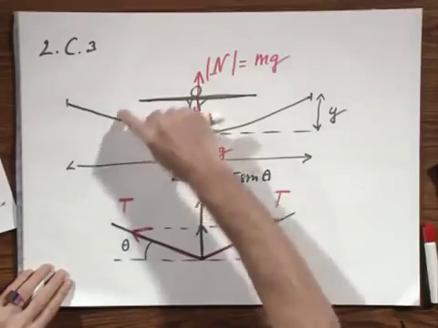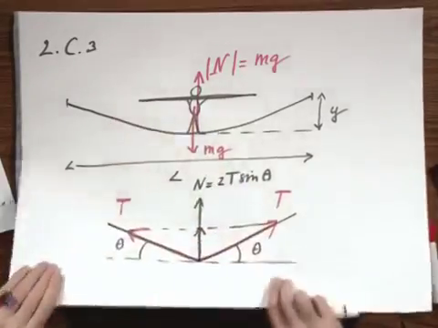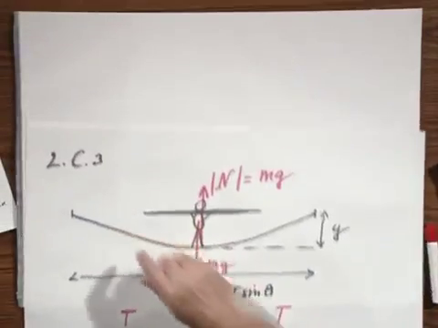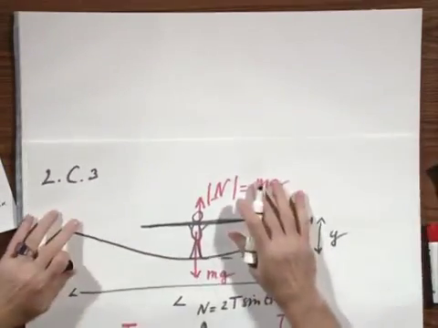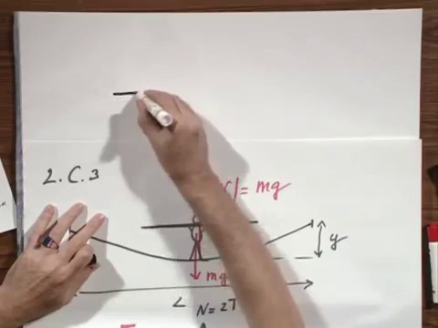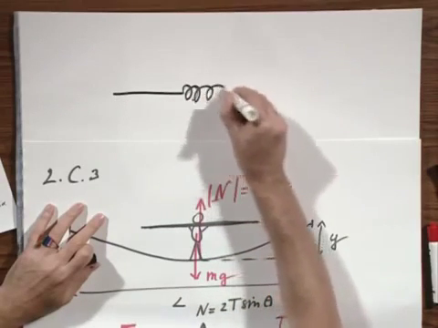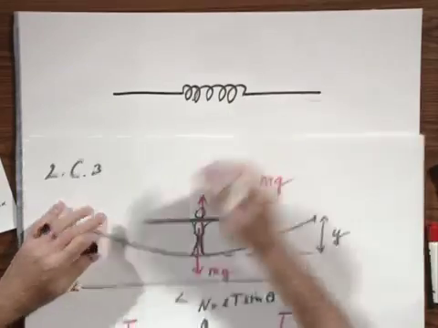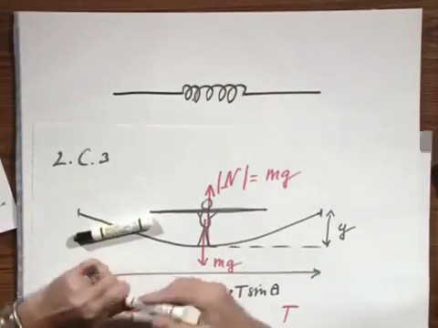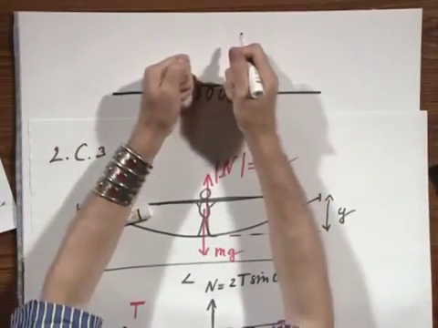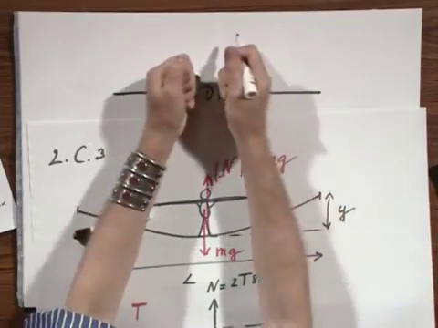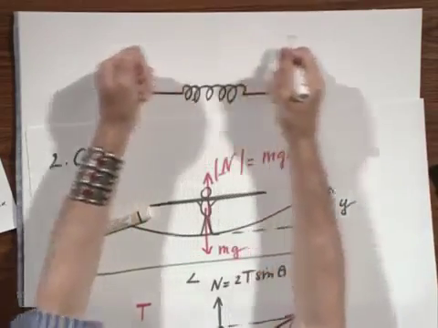Suppose I cut this rope here, and at the location of the cut I put in a spring. So here would be the rope, and here would be the spring, and here would be the rope. It should be immediately obvious to you that under the tension this spring is stretched.